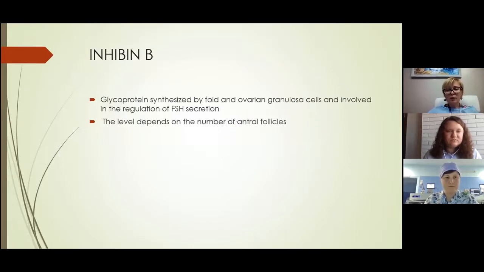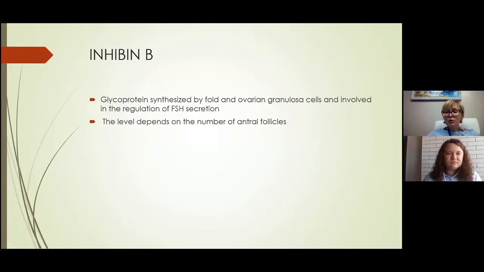Another marker which we can use for ovarian reserve testing is inhibin B. Now it is not very popular, but sometimes it may be used. This molecule participates in regulation of ovarian function, and the level of inhibin B also depends on the number of antral follicles.